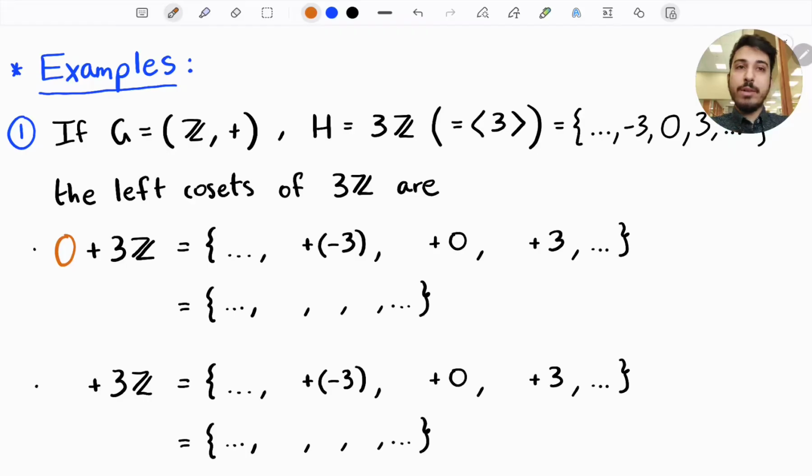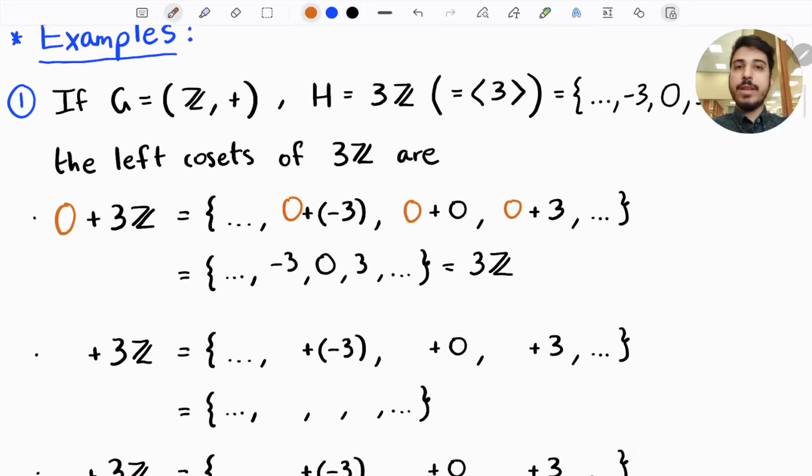So we would add 0 to all of the elements in 3Z. So 0 plus minus 3, 0 plus 0, and 0 plus 3. But that just gives us the same set again, minus 3, 0, 3, which is 3Z. So you can see that the coset 0 plus 3Z is none other than 3Z itself.